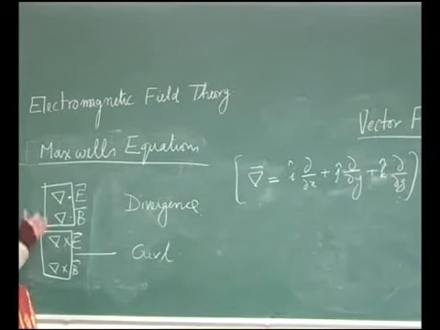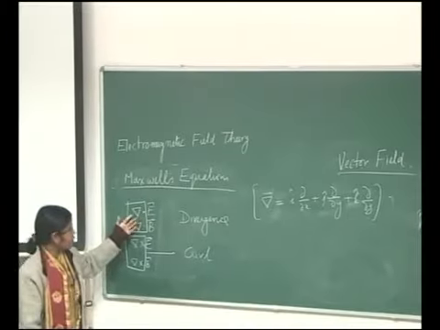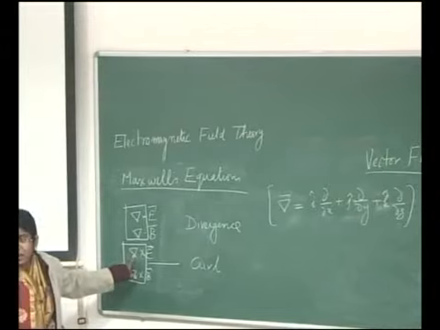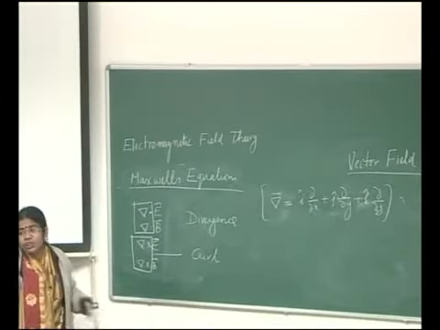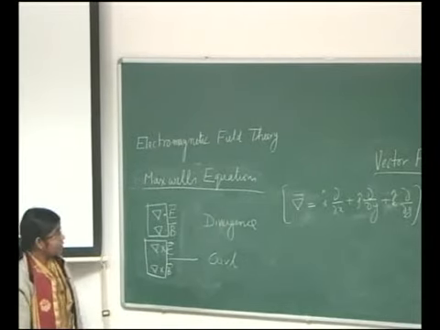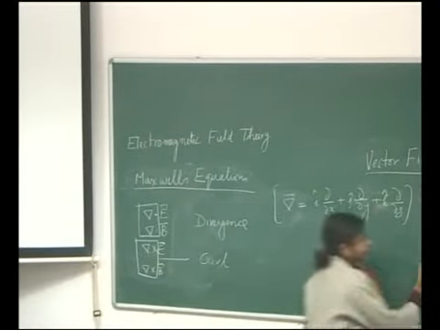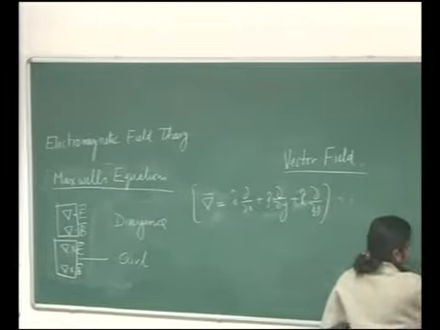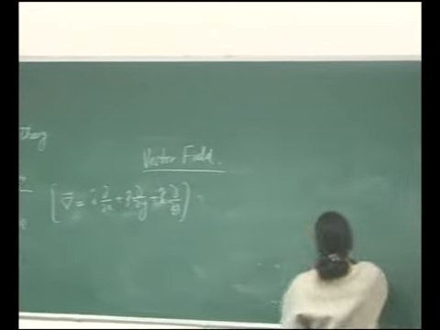This is basically Gauss's law, and with curl, we ask whether a given electric field is rotational or not. If you remember from your electrostatics, I have electric field E.